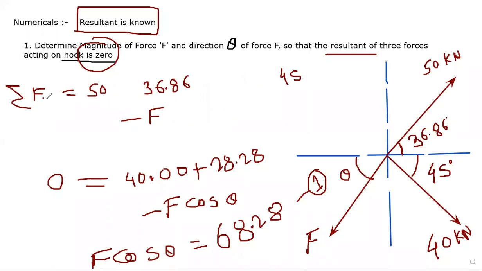Next, summation Fy is equal to 0. For 50, it is 50 sin 36.86. For 40, it is minus 40 into sin 45, and minus F sin theta is equal to 0, as Fy is equal to 0.